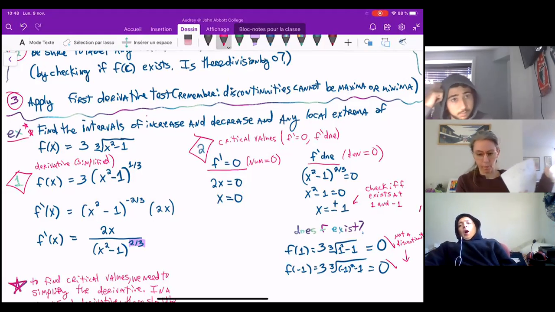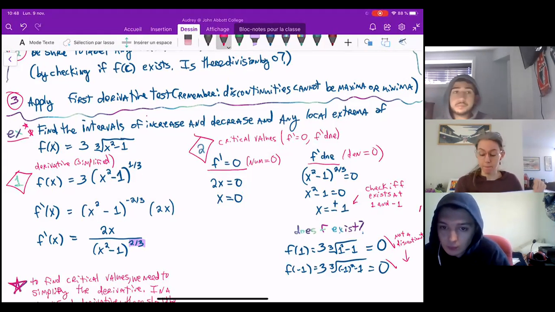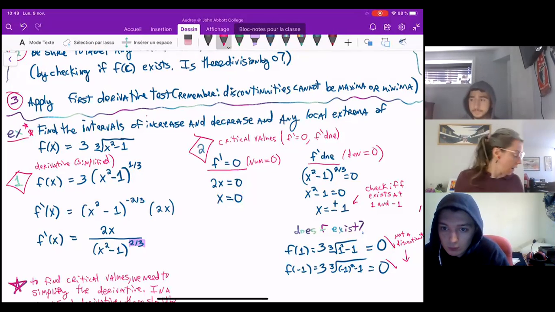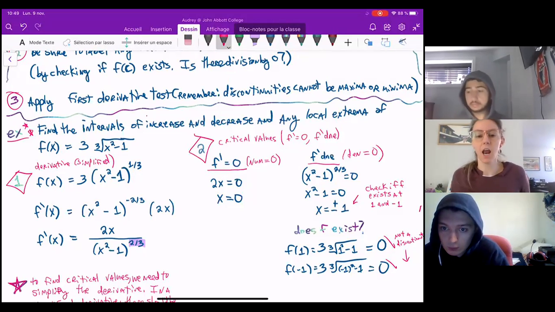Okay, so now f of 0 doesn't matter, because we said the only values that we need to check are the ones where f prime doesn't exist. Because if f prime exists, that means the derivative exists, and if the derivative exists, that means the function exists. All right? So what we've said is that a function cannot be differentiable but not continuous.